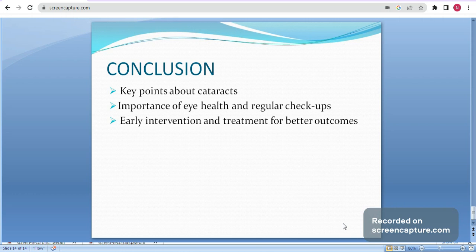Surgical is the ultimate and final solution for the patient, where the cloudy lens, the natural lens which has been opacified, is emulsified and removed, and in place of that an intraocular lens is placed in the capsular bag. So, in cataract, early intervention and treatment is opted for better outcomes.